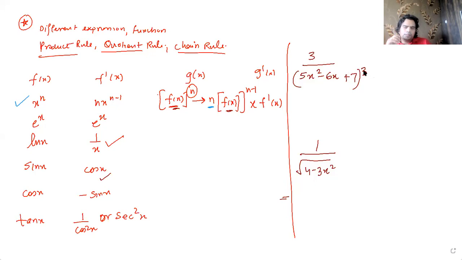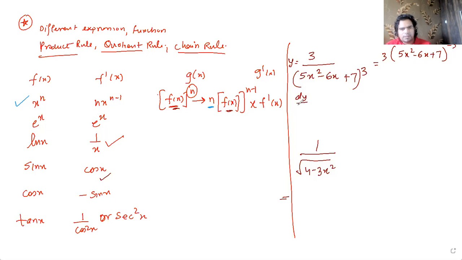So in this example, first we'll modify this to 3 times 5x squared minus 6x plus 7 to the power negative 3. Before you do the derivative, get it in the form of f(x) to the power n. Now since this 3 is a constant, we don't touch it.